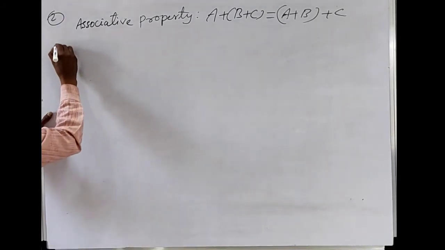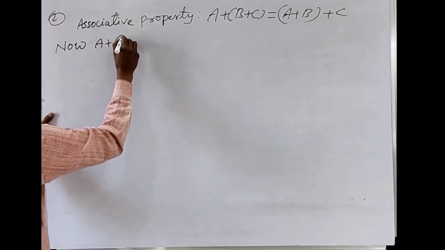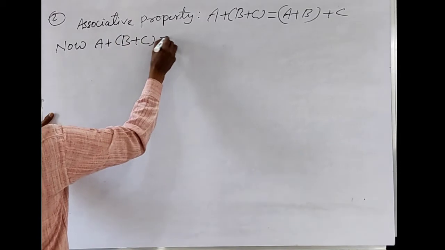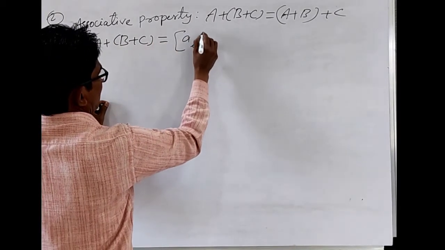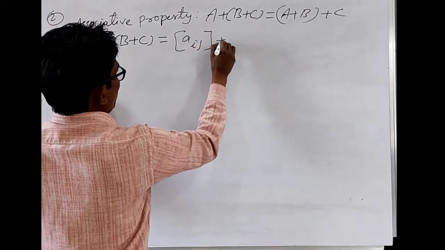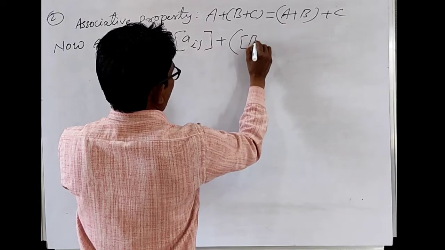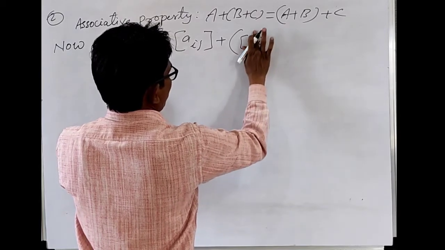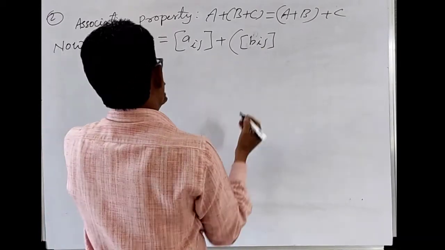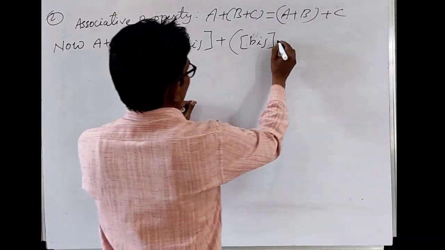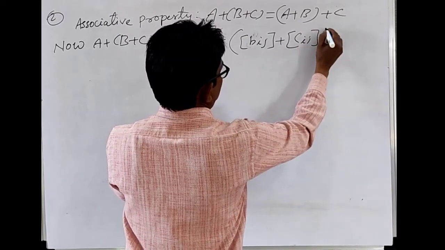Now, what is A actually? A is equal to Aij, B is equal to Bij, and C is Cij, where i and j are 1, 2, 3.